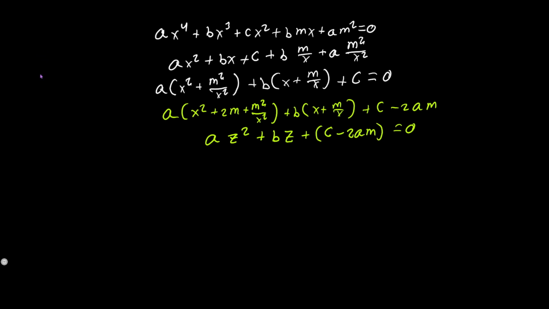And now we can simply solve this quadratic by using the quadratic formula. So we will get z is equal to minus b plus or minus the square root of b squared minus 4a times c minus 2am, all over 2a.